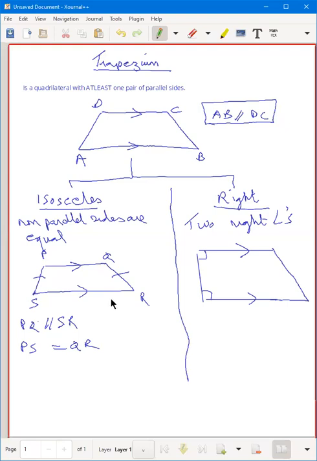Sir, but then if they're not parallel, then one of them has to be longer or something, no, to connect the things. Pardon me, they are parallel. So in this, if this is PQRS, PQ is parallel to SR, right? I'm talking about isosceles trapezium.